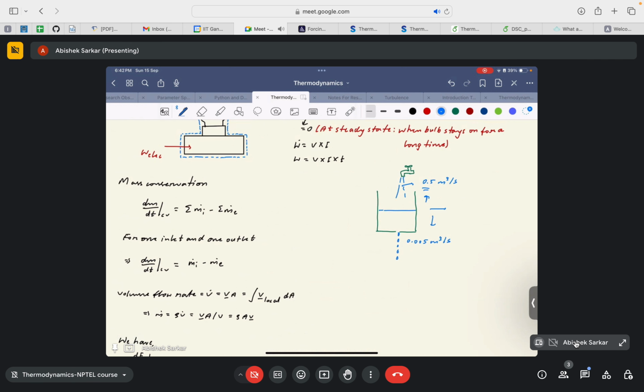This is continuously flowing in and this is continuously flowing out, but the outflow is much lesser than the inflow from the tap. So what would actually happen is that the water level would go up.